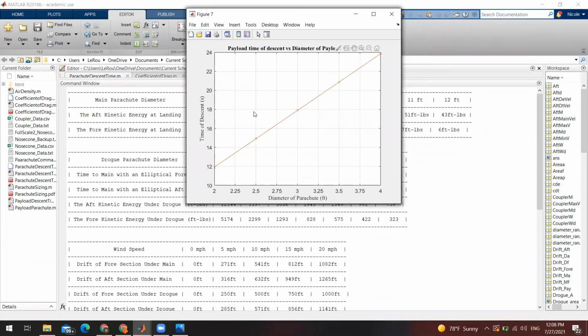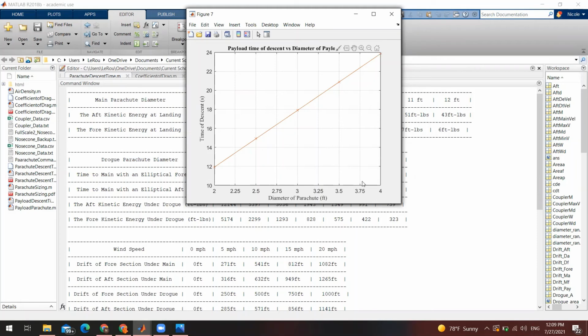So this is payload time of descent versus diameter of payload. So there's a very linear correlation between how much time it takes and what size the parachute is. We ended up going with a 3-foot parachute. Actually, I think we may have switched to a 4-foot parachute because this 24 seconds was well within the payload descent time.